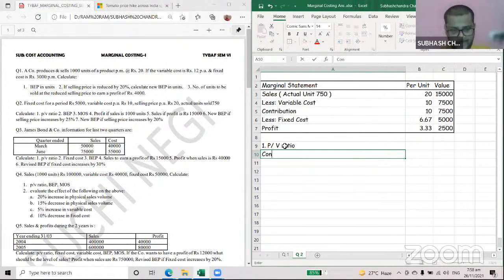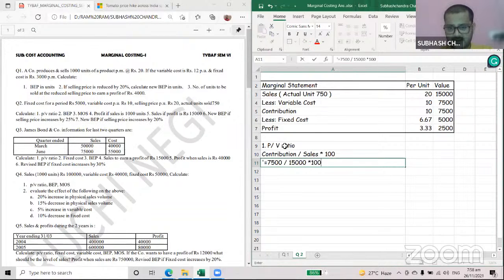Contribution divided by sales, and I hope multiplied by 100, because you will get the answer in percentage. So contribution is how much? Contribution is 7,500 divided by sales, that is 15,000, multiplied by 100. That will give me how much?